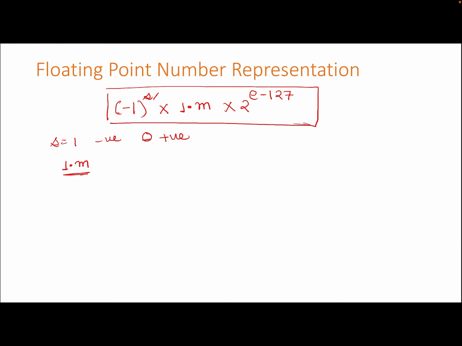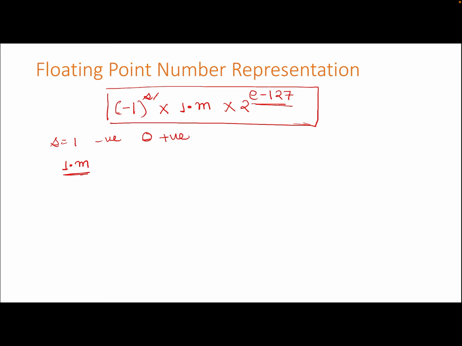Now the actual exponent is biased by 127, so to get the actual value of the exponent, 127 is subtracted from the stored value e. This is just to enable only positive values in the exponent part.